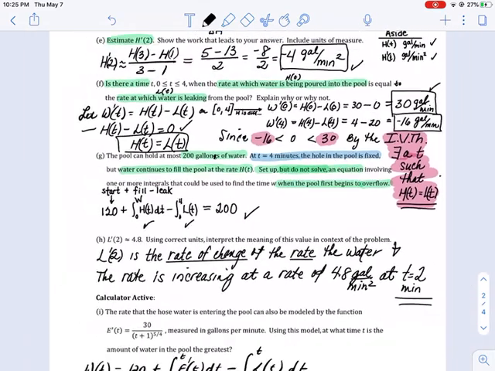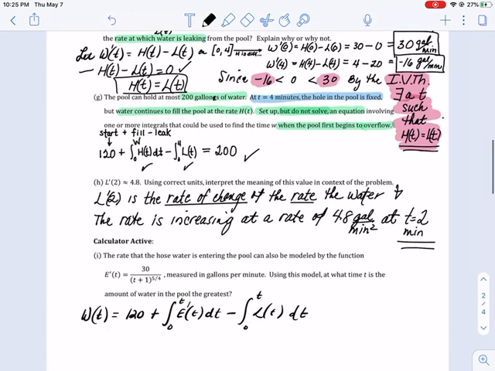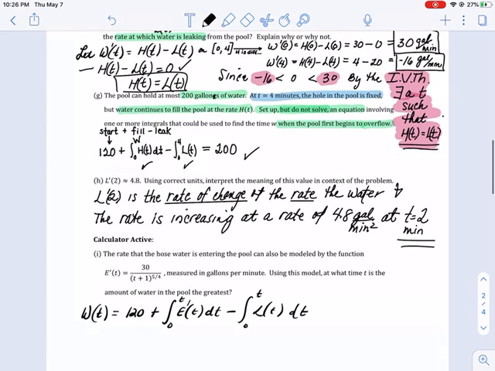And that's it for that problem. Okay, just recognizing units and what the meaning of L prime of 2 is in that case. Oh, wait, hold it. Is the rate of change of the rate of the water leaking out? I have to be a little more specific. Leaking. The rate is then increasing at a rate of 4.8 gallons per minute squared at t equals 2 minutes.